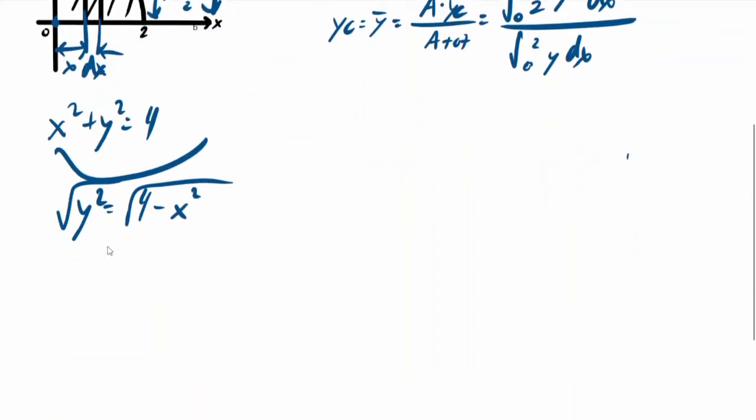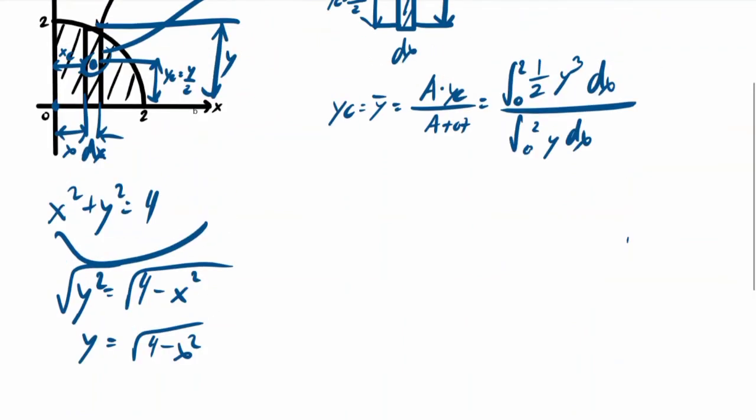We'll have y equals the square root of 4 minus x squared. So if you plug it in here, we'll have, equals 2, bring out the constant 1/2.